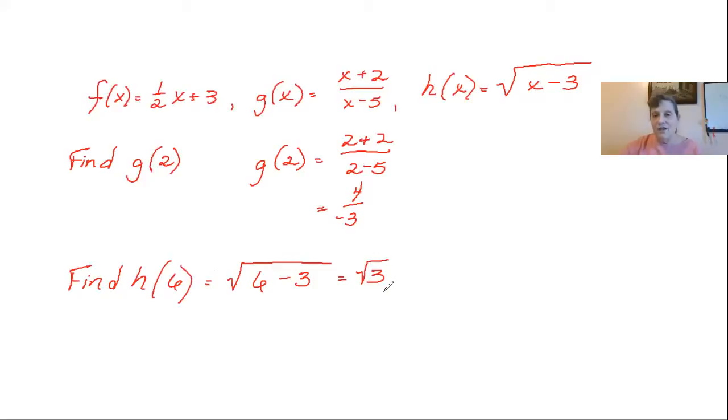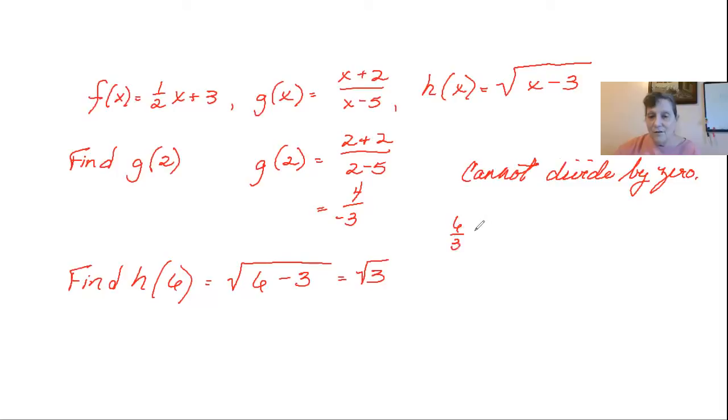Now, there's two things that will restrict the domain of a function, because there's two things we can't do. We cannot ever, ever, ever divide by 0. We cannot have 0 in the bottom of a fraction, and it doesn't make any sense.